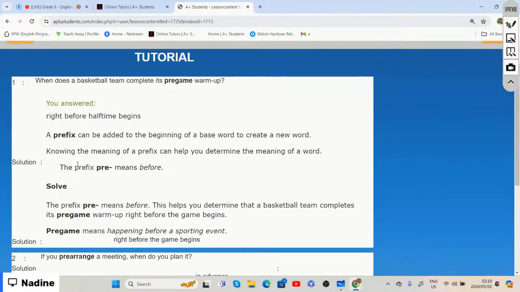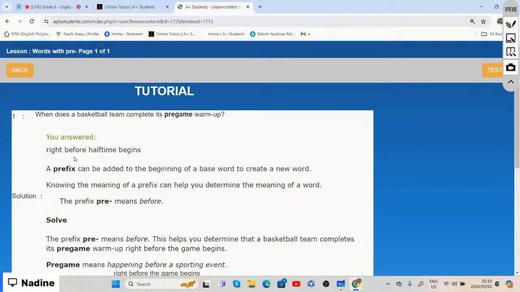We already went over what pre means. Pre means before, right? Prefixes are added to the beginning of a base word, and once we add it, we create a new word, keeping in mind that pre means before.